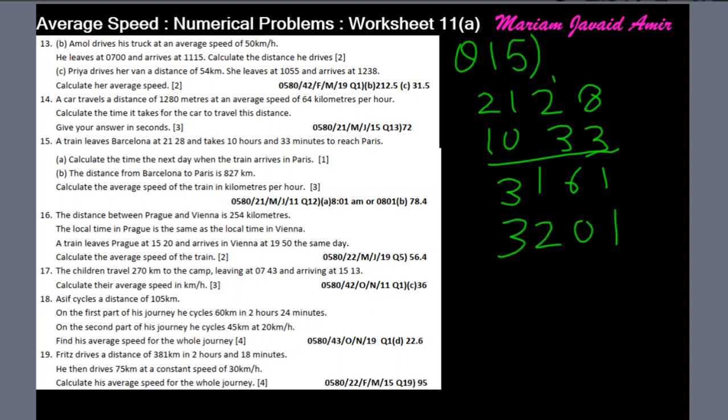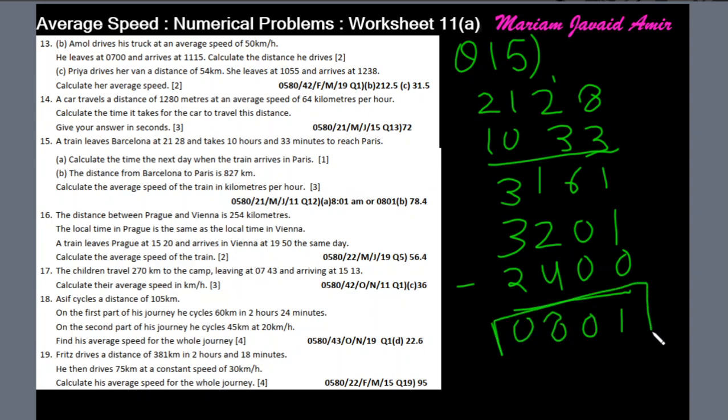Now we have gone into the other day, subtract 24 hours from it and we get 8 hours 01 minute. So this is the answer, 0801 or 8:01 a.m. This was 15A.